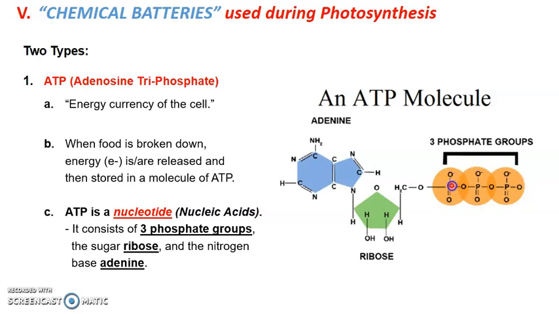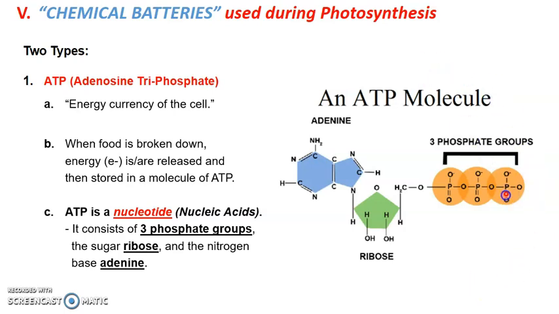We're always going to number 1 on that first phosphate group that's attached to ribose. So here's your first phosphate group, your second, and then the outermost one would be the third, when you see it as this molecule here with 3 phosphate groups as an ATP molecule.